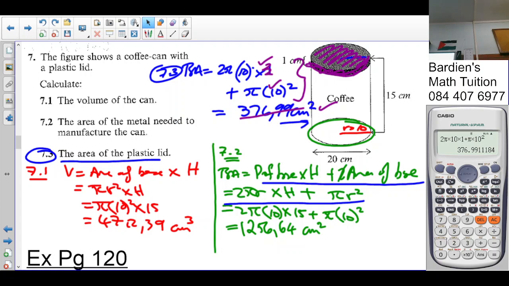Number 7, the area times height, which is 2 pi times 10 plus that. So that is what they mean to calculate. So they made a mistake. Okay? 376.9.